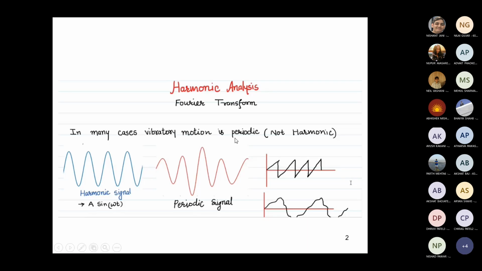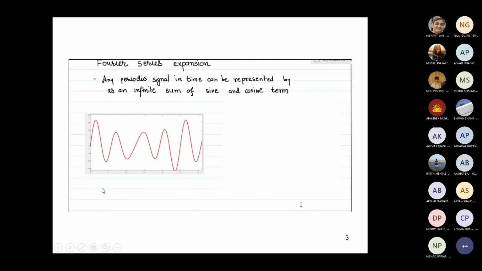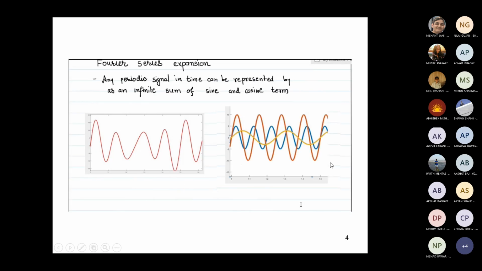Now, what does the fast Fourier transformation do? For example, if you take this periodic signal, it breaks down into an infinite sum of sine and cosine terms. Now, this signal has been created artificially by superimposing these three individual harmonic signals.